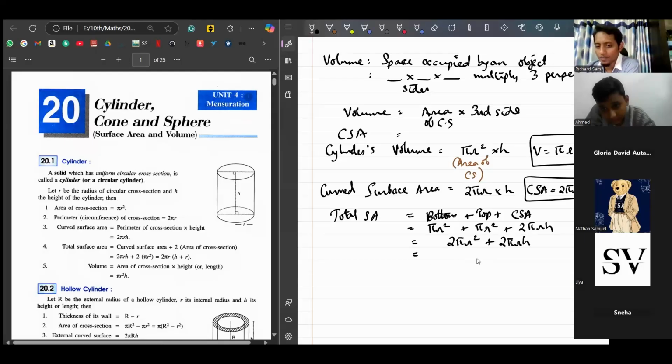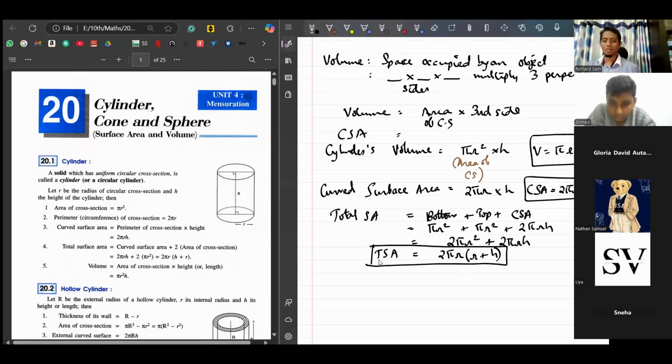Now, can we simplify it further? What can we do? Take common terms out. Which are the common terms? 2 pi. Pi r is common. So what is remaining inside here? There is one r. Here there is plus h. So this will be the formula for total surface area.